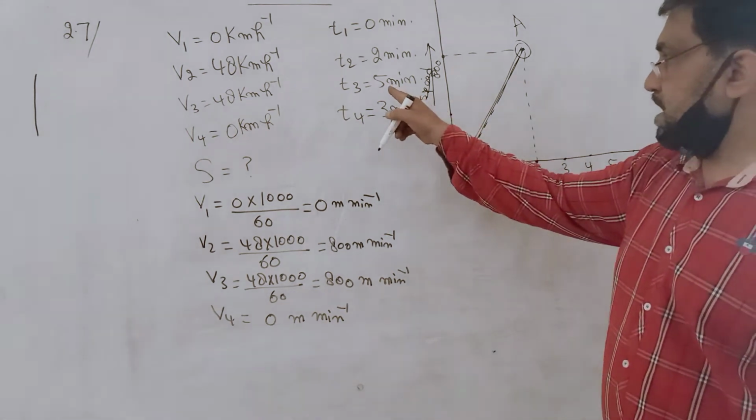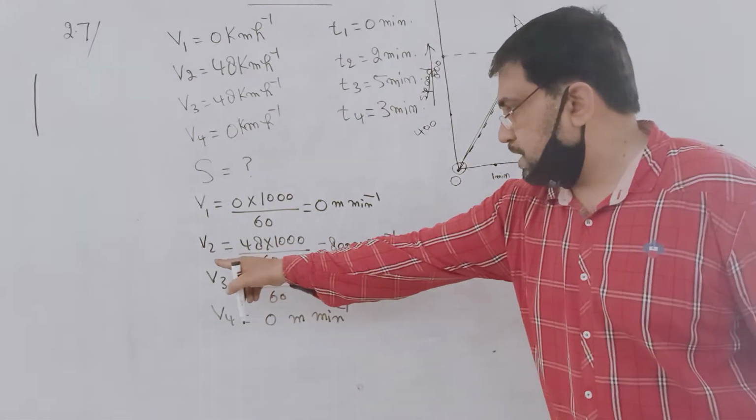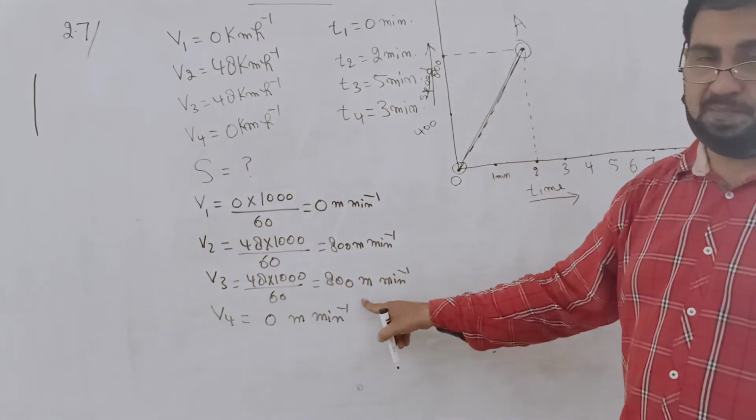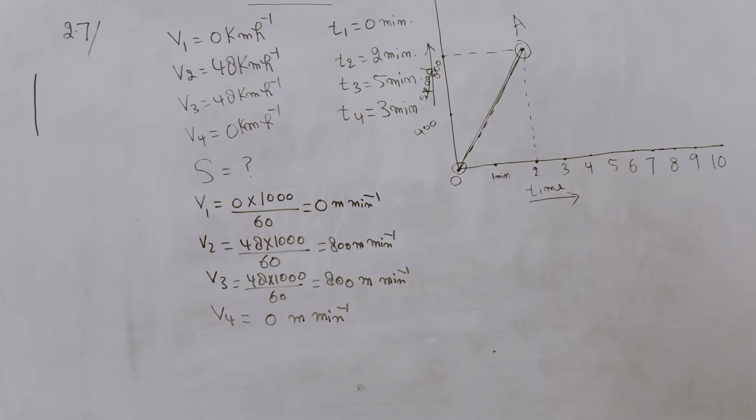Next 5 minutes the speed will be the same, 800 meter per minute. So in the next 5 minutes, 1, 2, 3, 4 and 5, the speed will be the same.